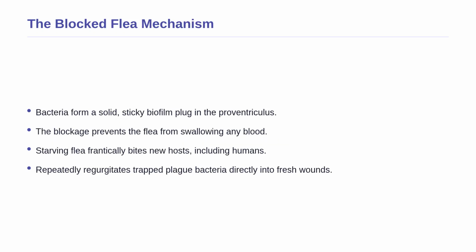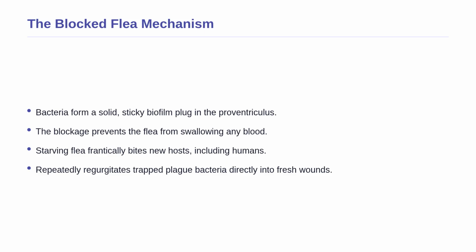This rapid bacterial multiplication leads us to one of the most fascinating and horrifying mechanisms in parasitology: the blocked flea. As the Yersinia pestis bacteria multiply, they form a solid, sticky biofilm plug in the flea's proventriculus, which is essentially its throat. This creates a physical blockade.